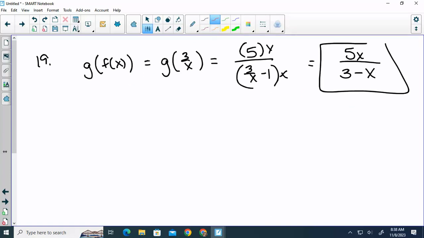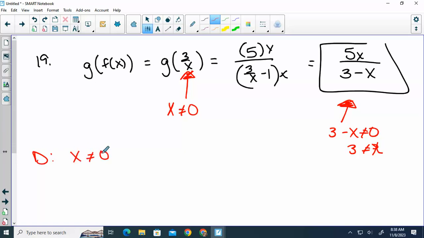If I look right here, I know x can't be 0. Here, 3 minus x can't be 0, which means x can't be 3. So my final domain, you can either tell me x cannot be 0 or 3, or you can write the interval.